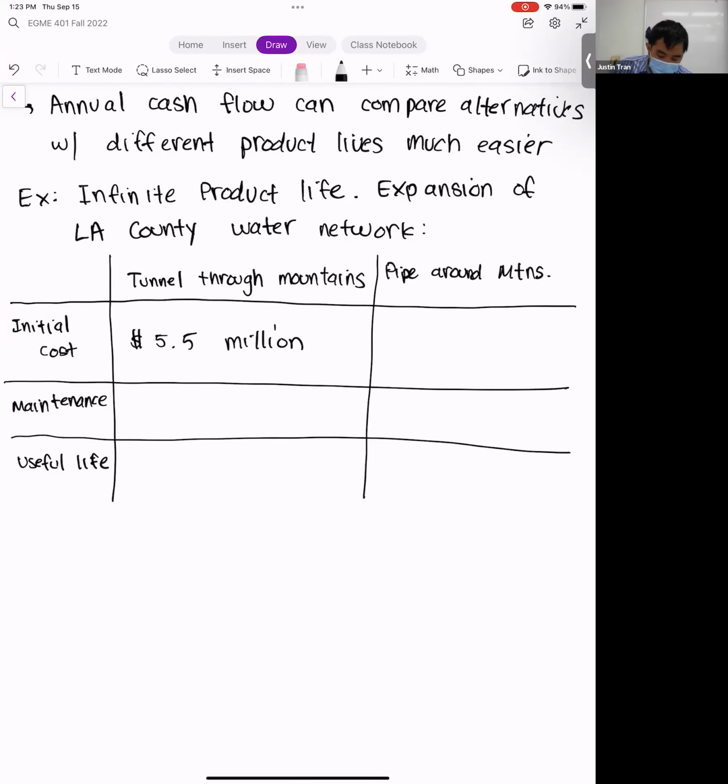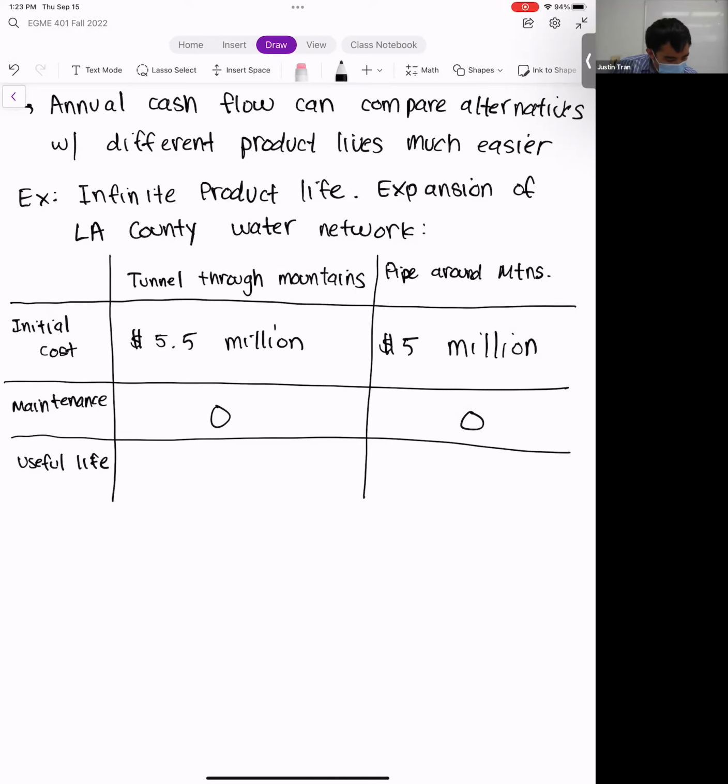Whereas the pipe going around the mountains is going to cost $5 million, so it's about $500,000 cheaper. We're going to assume that there's no maintenance required, or virtually no maintenance. Especially compared to the initial cost, we'll assume that maintenance is zero.